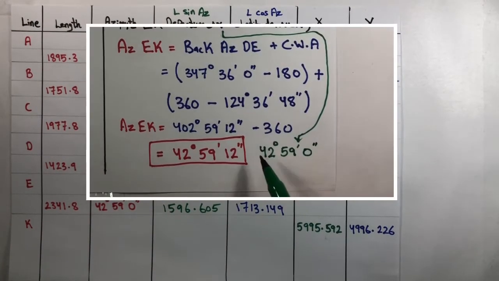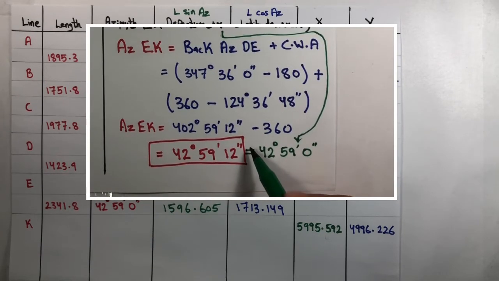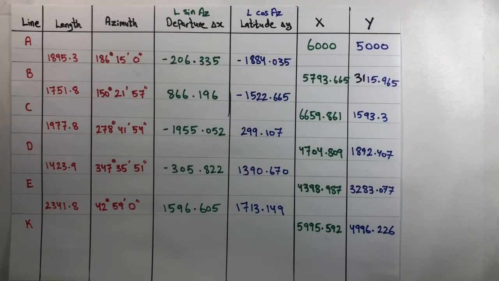As we did in step 1, if you remember the last part where we calculated the azimuth of EK, we compared the azimuth with the azimuth given in the question to make sure if we have some angular misclosure or not. The same thing we'll do now, so we can make sure if we have some linear misclosure or we don't.